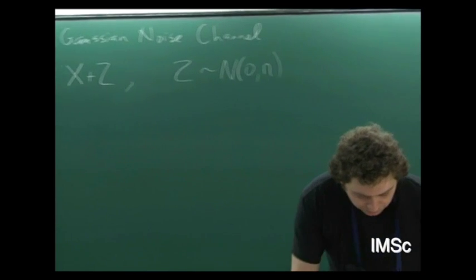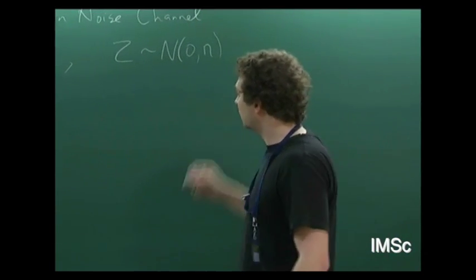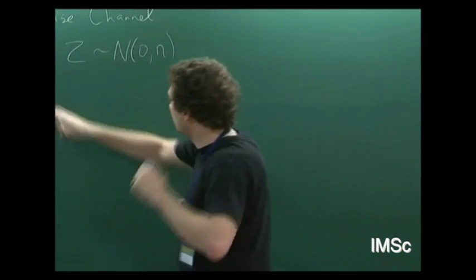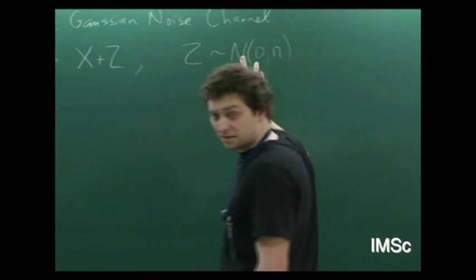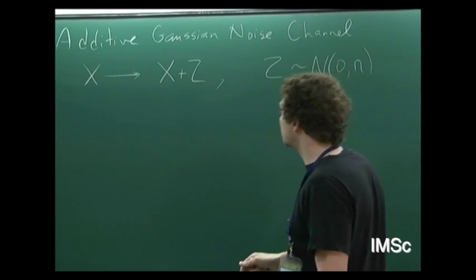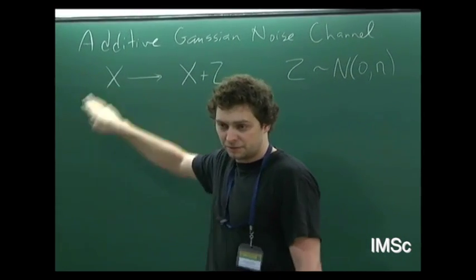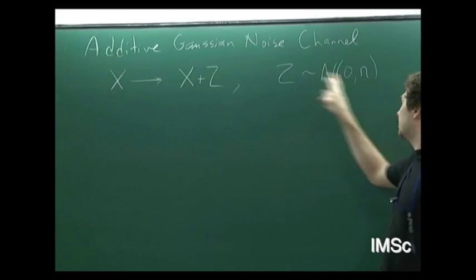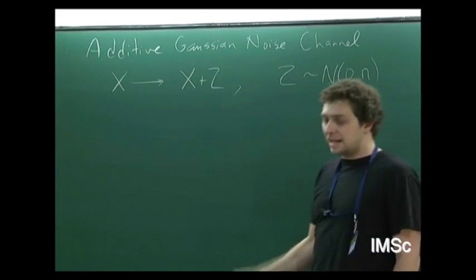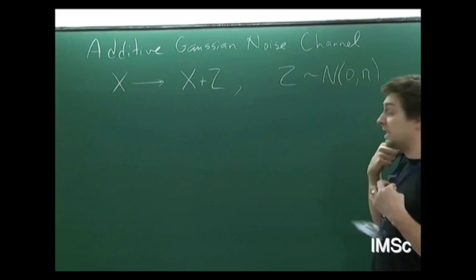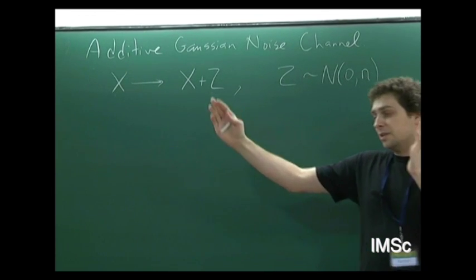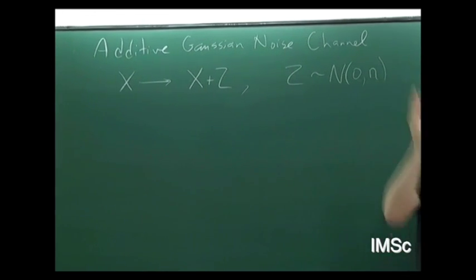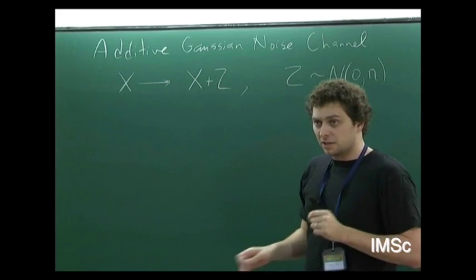Okay, so actually it's infinite at the moment, because if I know what the variance of this random variable z is, I'm going to choose a bunch of different signals that are very widely distributed, very far apart, so that it's extremely unlikely that when z gets added to x, I would ever see an overlap with the region where the different code words are.